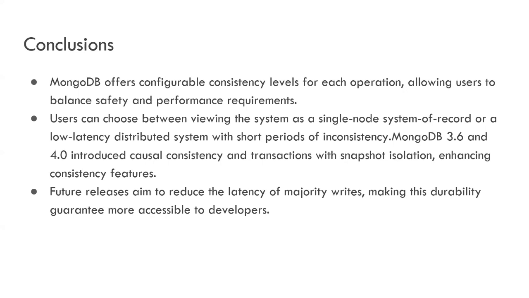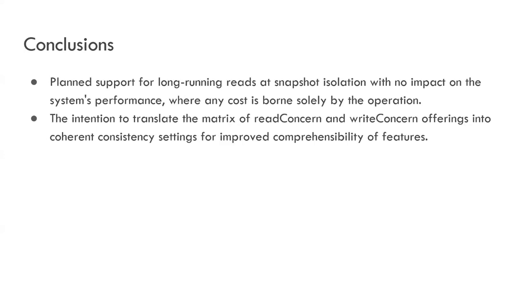In forthcoming releases, efforts will focus on reducing the latency of majority writes, and supporting long-running reads at snapshot isolation, ensuring minimal impact on the system's overall performance. Looking ahead, a key area of focus involves translating MongoDB's matrix of read concern and write concern offerings into coherent consistency settings, aimed at enhancing the comprehensibility of these features.